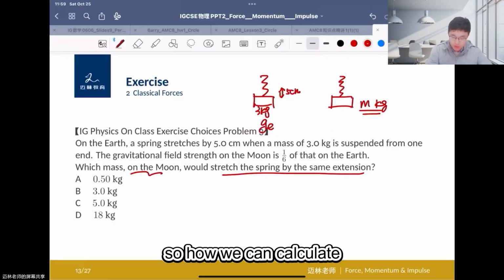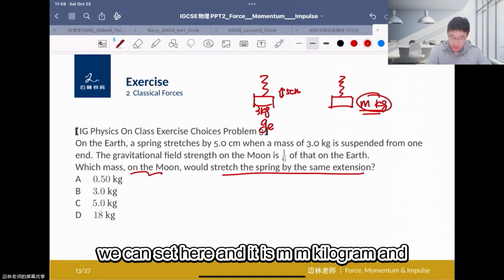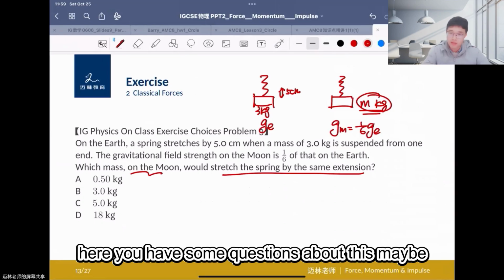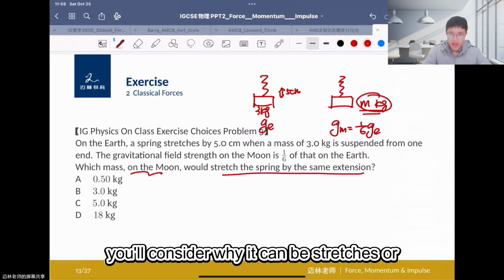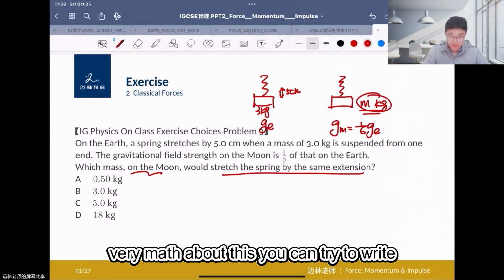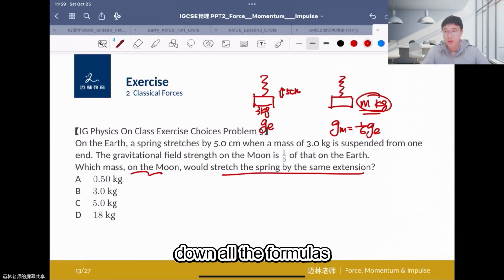So how can we calculate? We set the mass as m kilograms, and g Moon equals 1/6 of g Earth. Maybe you have some questions about this, such as why or how it stretches, or how we calculate it. If you don't have ideas, you can try to write down all the formulas.